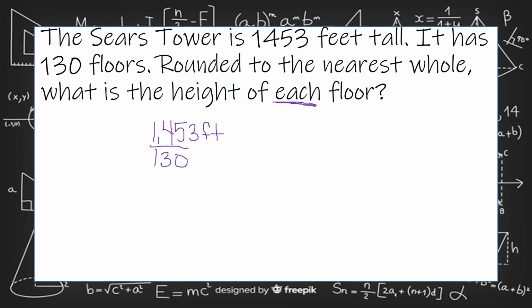So I can do my long division over here. 130 into 1,453. Well, when I look at these, I first put it into 145. 130 goes into 145 one time. 1 times 130 is 130.